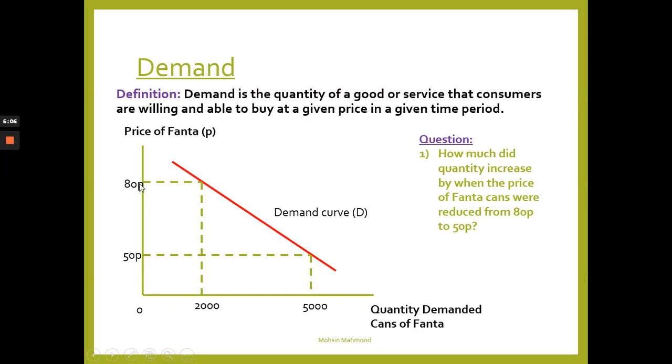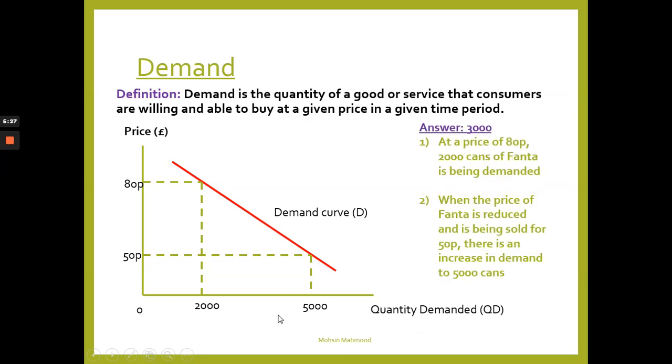At 80 pence this shop was selling 2,000 cans of Fanta, and when they reduced their prices to 50 pence, they were selling 5,000 cans of Fanta. So the quantity demanded of Fanta increased by 3,000.